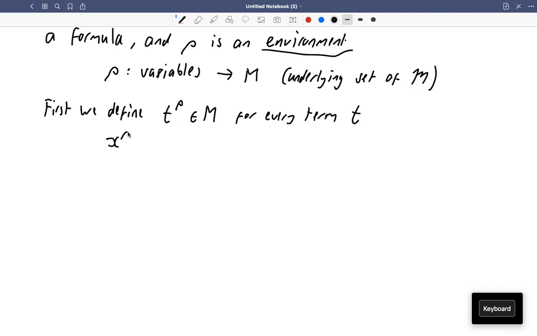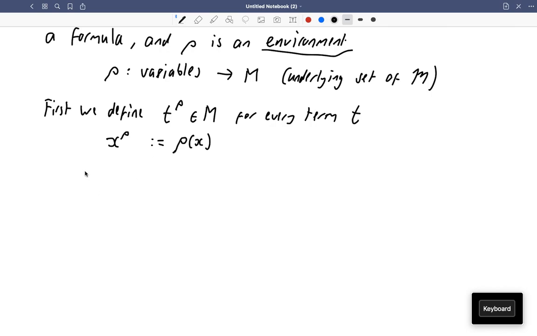The interpretation of a variable according to the environment rho, well, the whole purpose of the environment is to give us the elements of the structure. So each variable we interpret as an element of the structure. That's the purpose of the rho function. So the interpretation of a variable x is just given by the rho function applied to x.